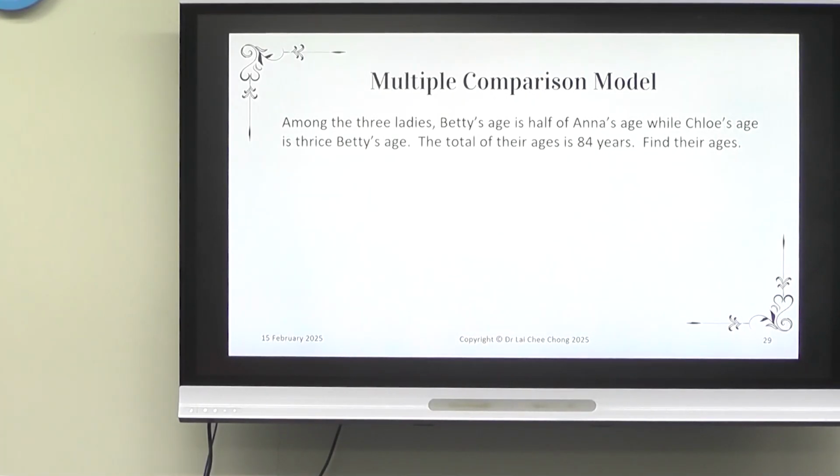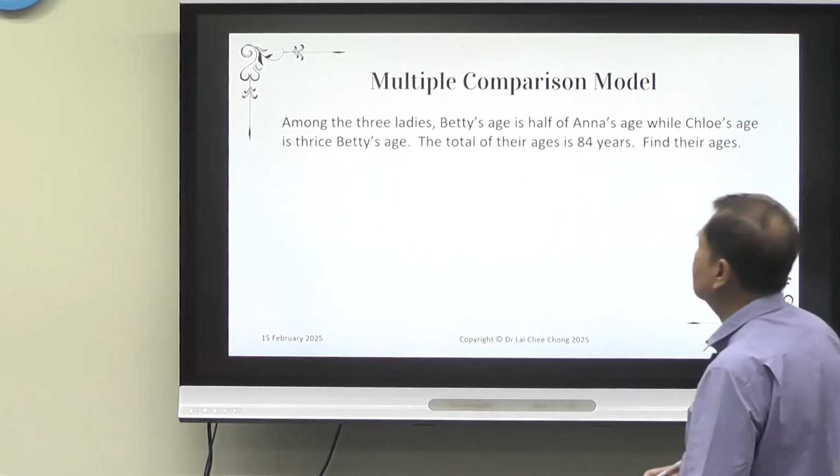Okay, no more fruits. There are people now. Whom do I have? I got Betty, right? I got Anna. I got Chloe. 3 lovely ladies of different ages.